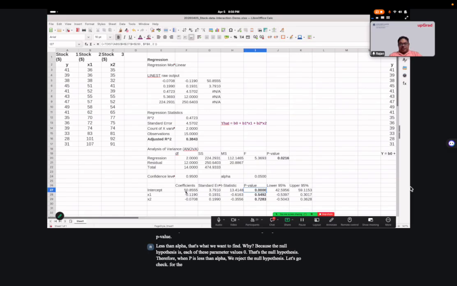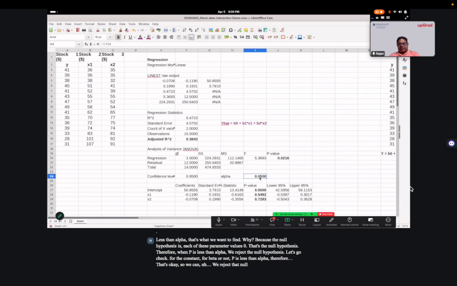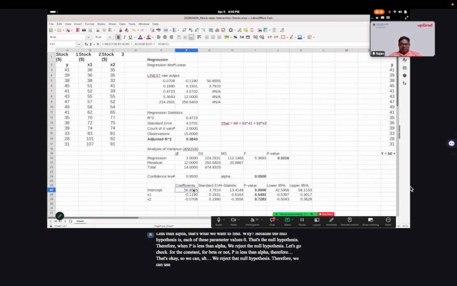For the constant, for beta naught, p is less than alpha. Therefore, that's okay, so we can reject that null hypothesis. Therefore, we can use that intercept value. But for beta 1 and beta 2, okay, look at that.